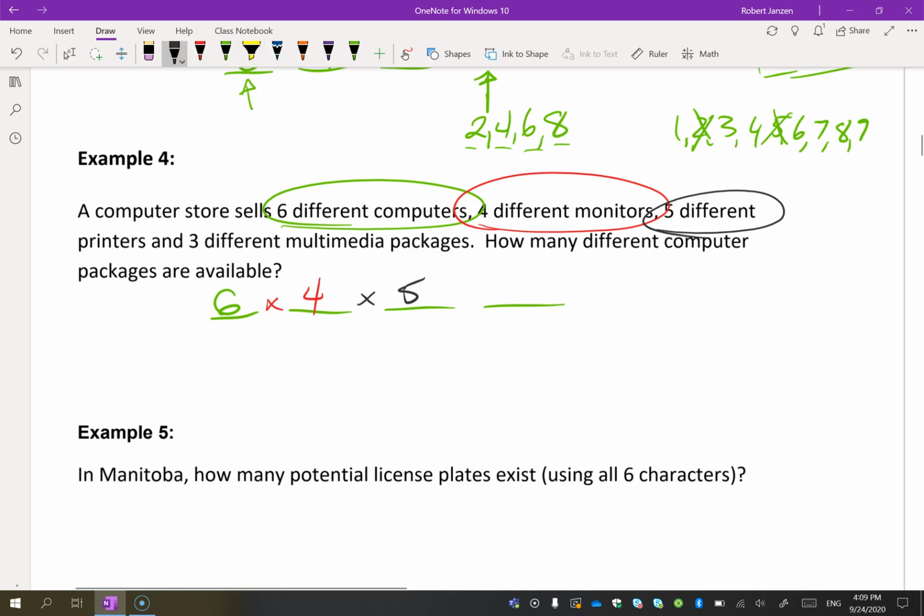Okay, and then 3 different multimedia packages. Okay, so think about that. If you pick a computer, a monitor, and a printer, and you change the multimedia packages, you've changed the whole deal. That's why we multiply them all together. Okay, so I think that's 360.